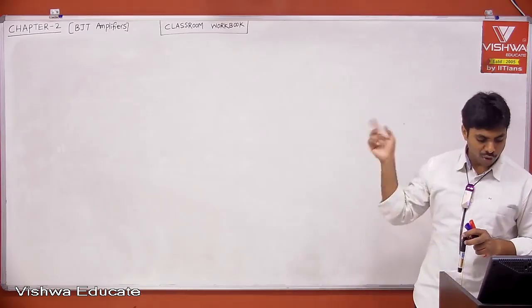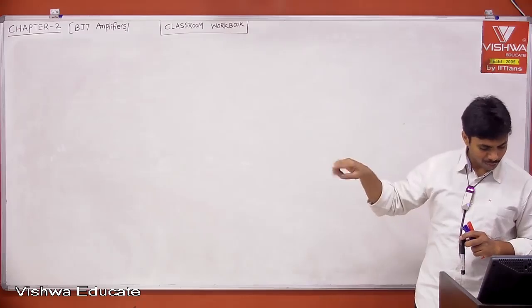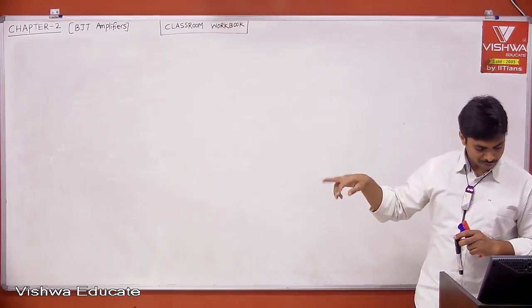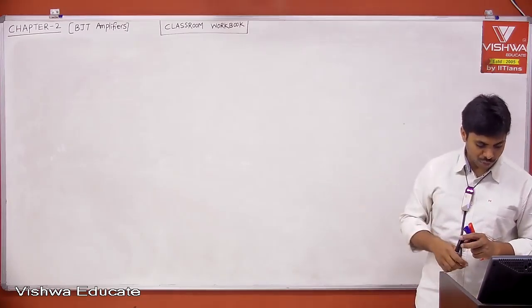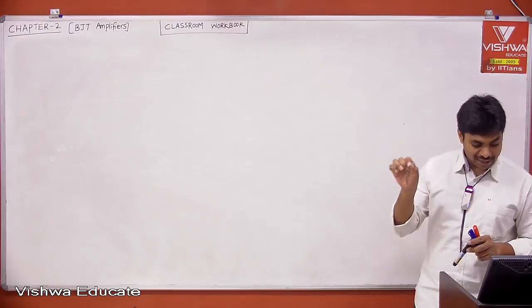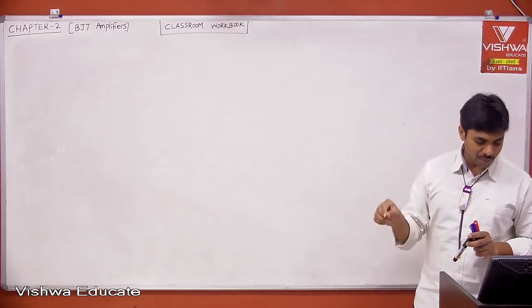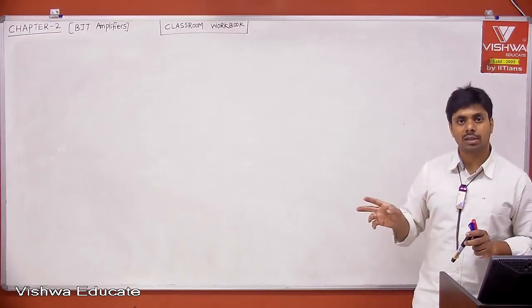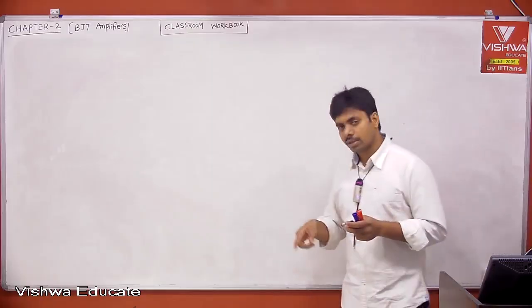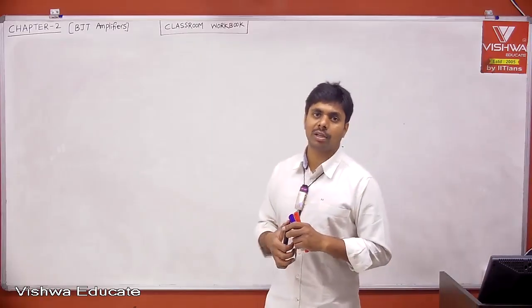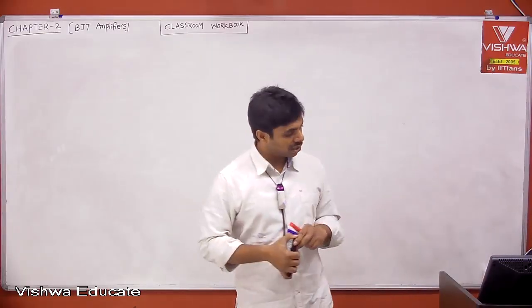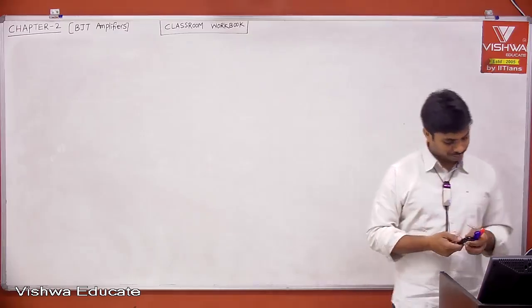Maybe if you go back to some problem, I forgot the problem number, it is the same. Not bypassed means negative feedback. Voltage gain will decrease, your input impedance will increase. Therefore, option B.